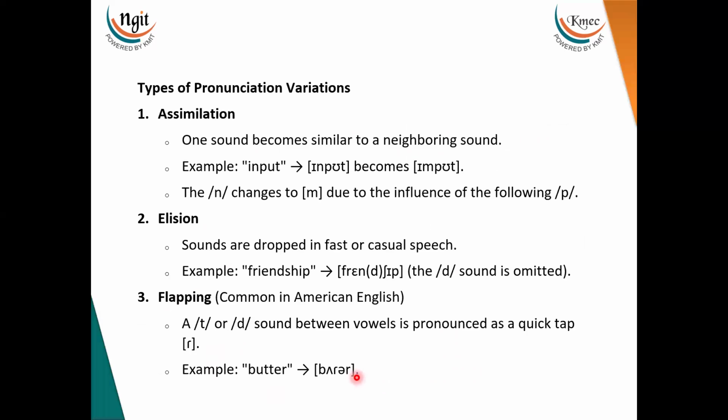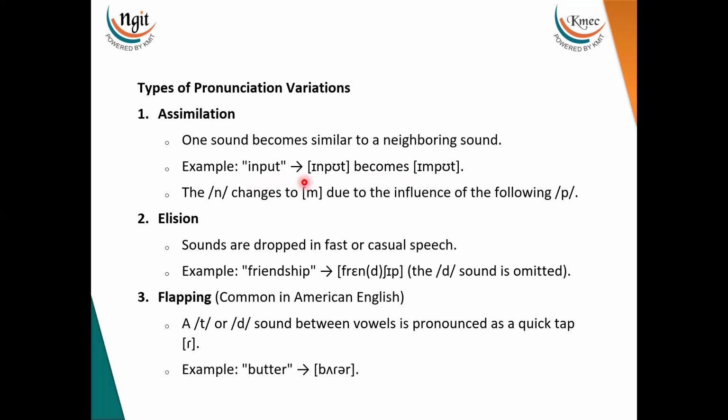Types of pronunciation variations. First, we talk about assimilation. Assimilation is when one sound becomes similar to a neighboring sound. The example here is input, which becomes imput, that is IMPUT.